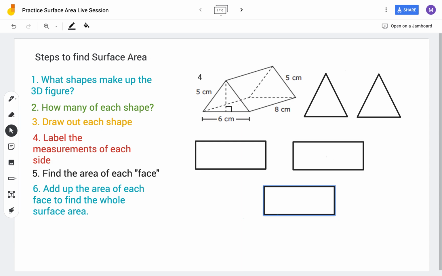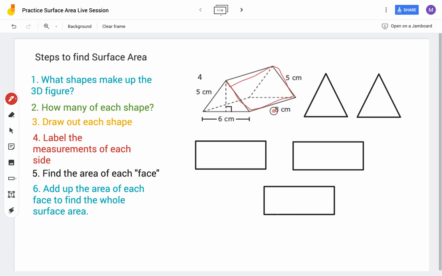I think this is the number one mistake that I see: people will find the area of one rectangle and use it for all 3. But that's not always going to be the case. So we're going to label each one. First I'm going to label this rectangle right here.